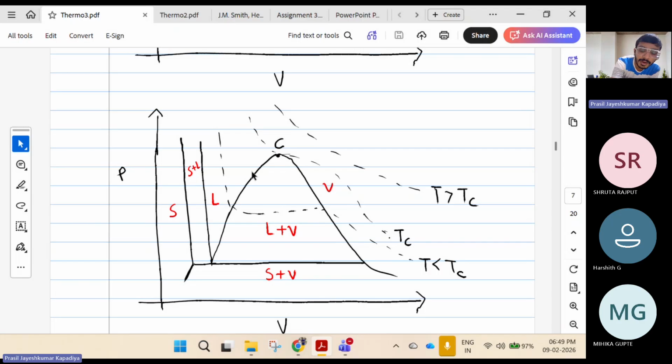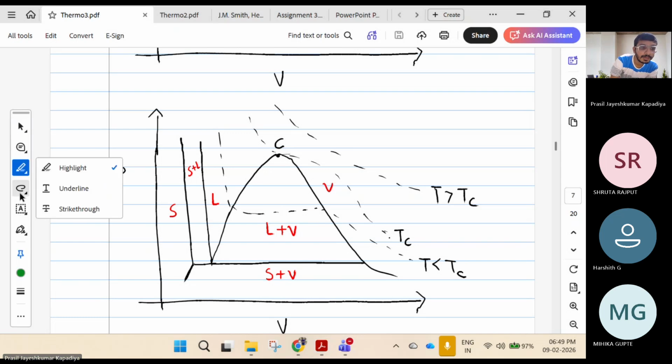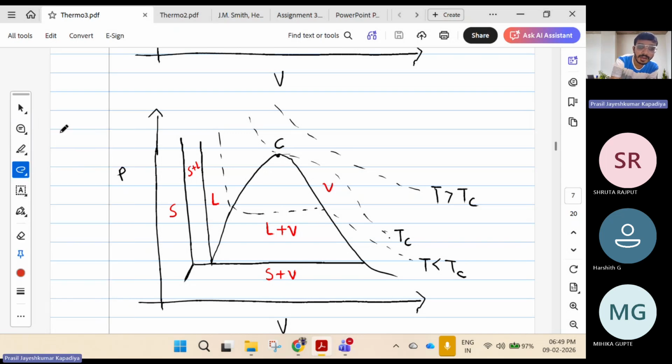I don't think I'm able to add it. It's like this. So if you connect all these points for all temperatures, you get this kind of dome.